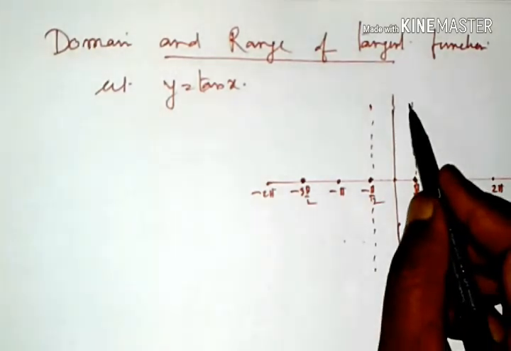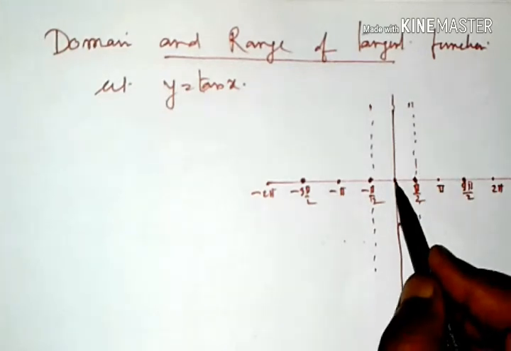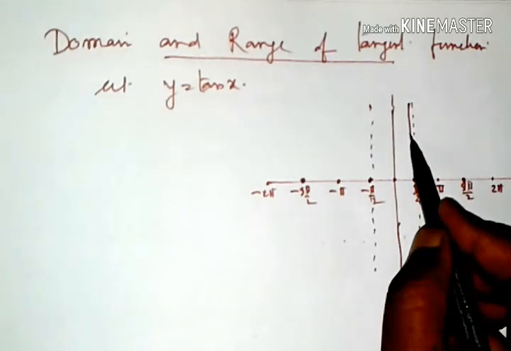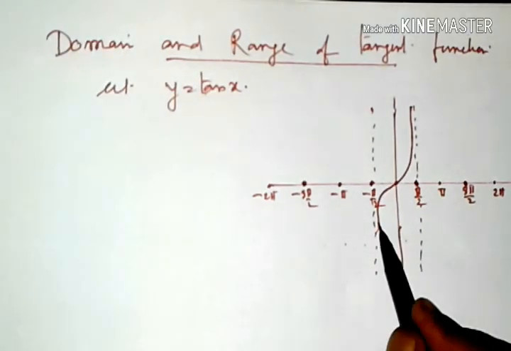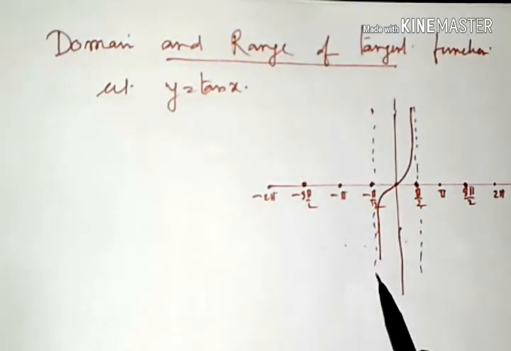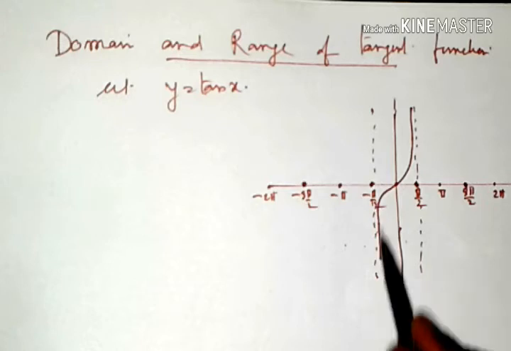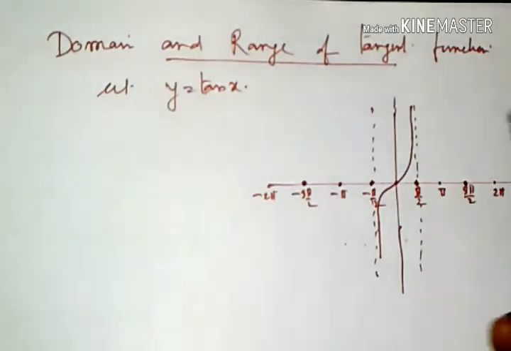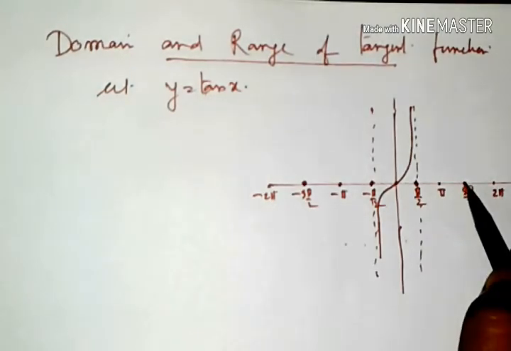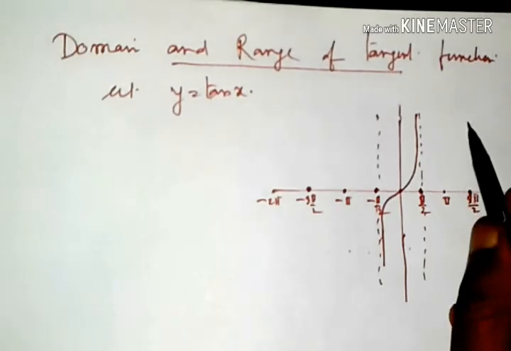So the graph of the function will come here. It goes like this, but does not touch the line minus pi by 2. It will not touch the line pi by 2, and it is not defined there. In this sense, at minus 3 pi by 2 also it is like this.